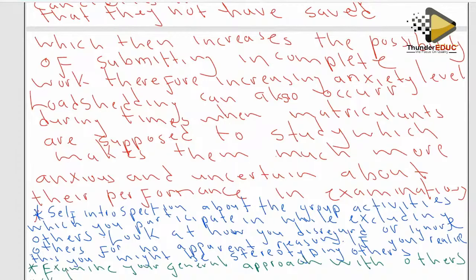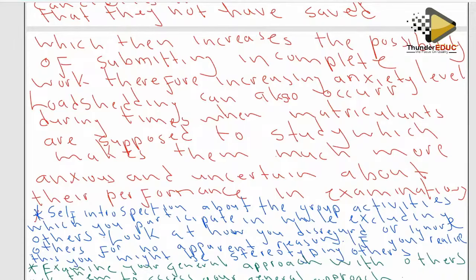Ask them to assess your approach. Ask them to assess your general approach. So after doing this, this can confirm your narrow-minded attitude towards others, and this could be an indication of bias or prejudice.